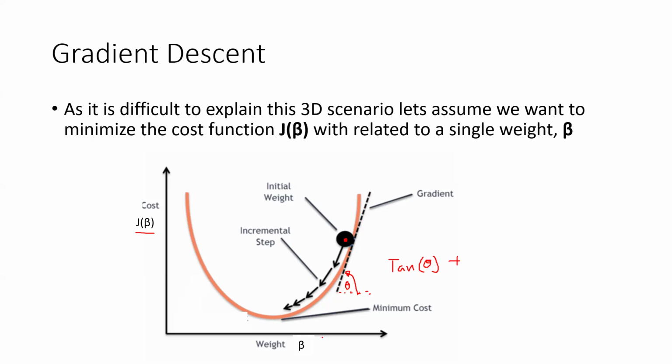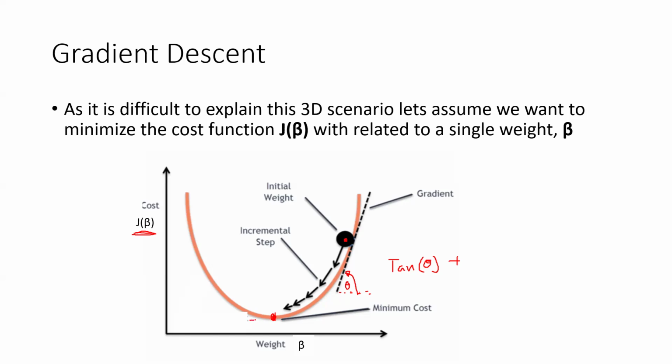So what is the optimum point? The optimum point is where the J beta is minimized. We want to find the beta value where the J beta is minimized, so this should be the optimum beta point. Our objective is to come to this particular point. At this point, what is the tan theta?